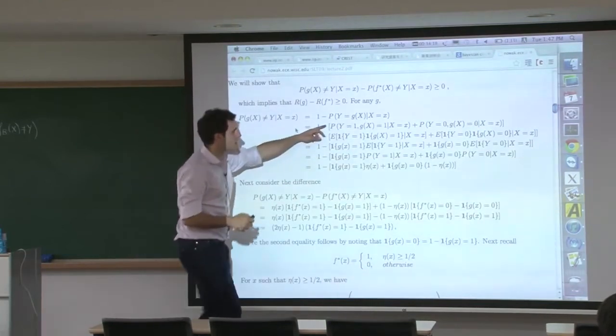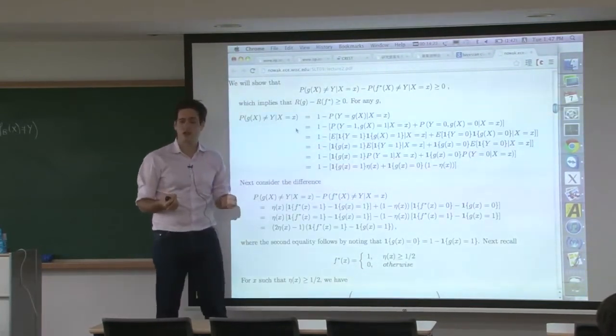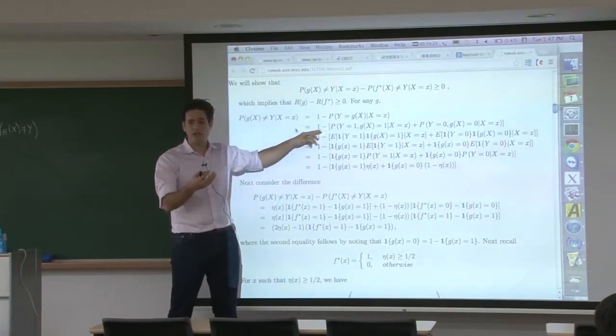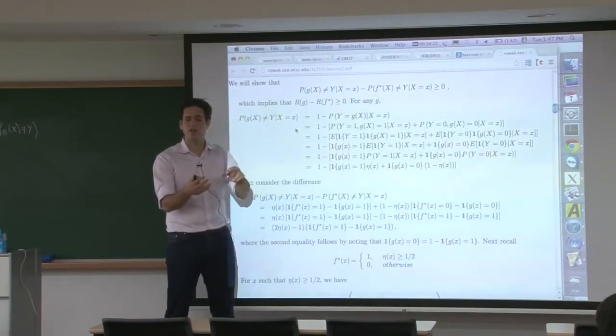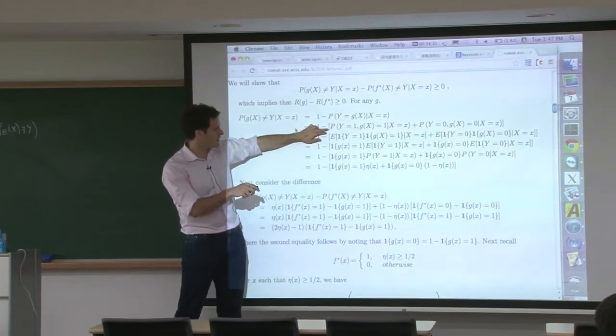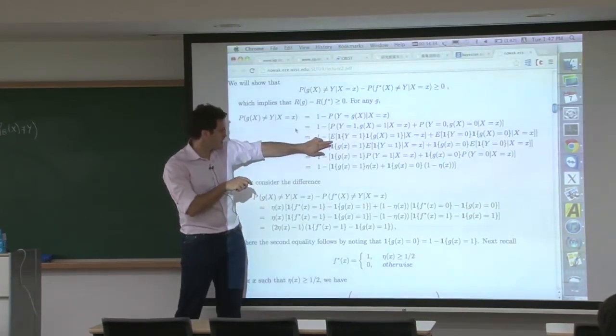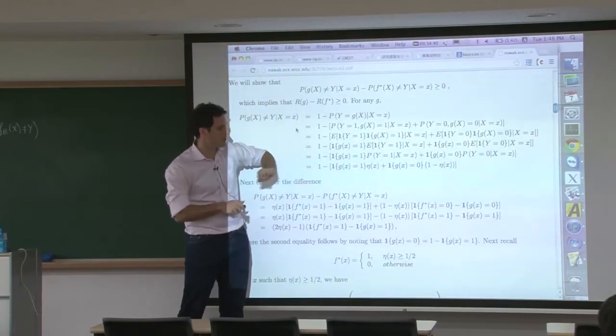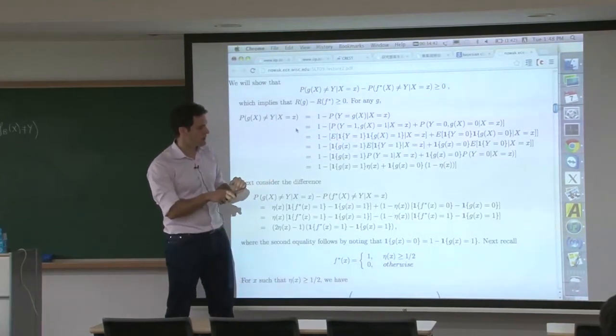Those two probabilities can be written as expectations of indicator functions. The probability of something is the same thing as the expectation of the indicator function of this happening. So the probability of this is the same thing as the expectation of the indicator of y equals 1 and g of x equals 1, knowing that X equals x. The same thing applies for the 0 case.